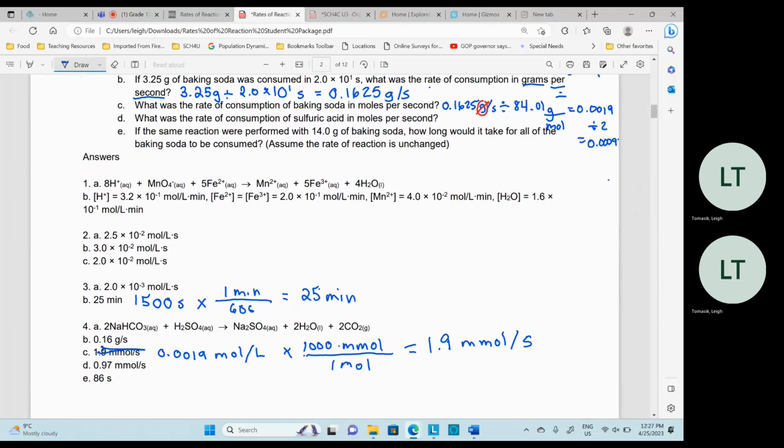And it says, if the same reaction were performed with 14 grams of baking soda, how long will it take for all of the baking soda to be consumed? So we need to know the time.